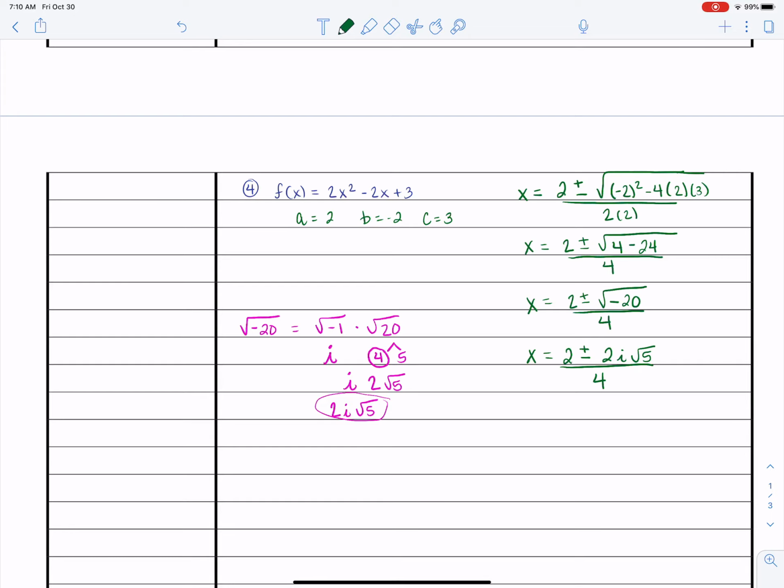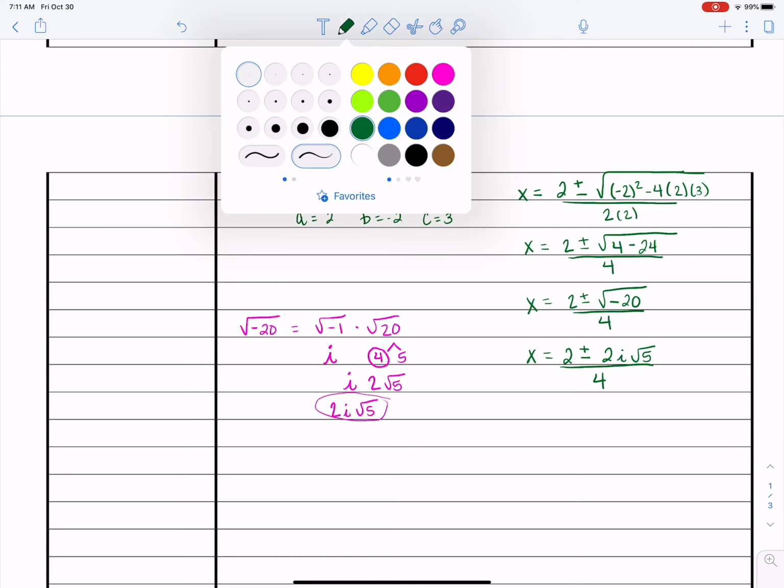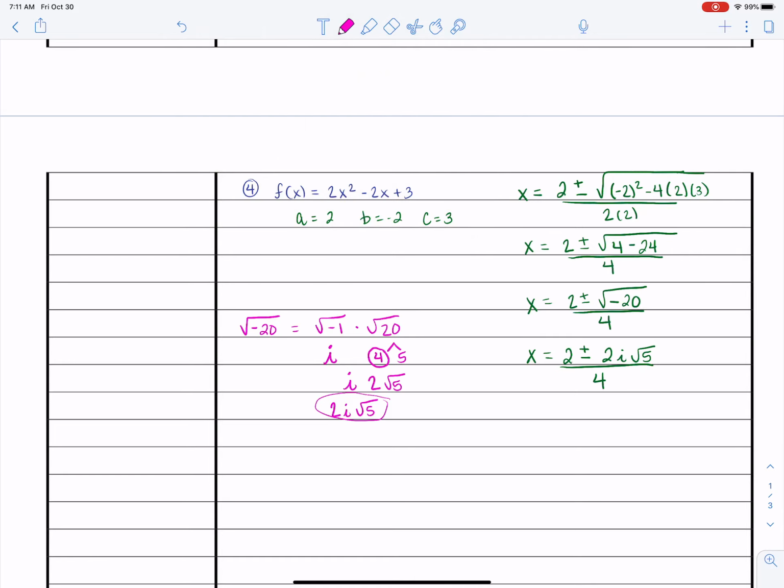Okay, now we're not going to split it up because I can't add 2 to 2i square root 5. They're not like terms. So we're going to leave this as a large fraction. But you do need to check you have 3 parts. So 2, 2, and 4. If all 3 of those numbers can be simplified, then you simplify it. If only 2 of them can be simplified, then you can't do anything with it.